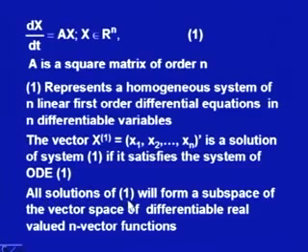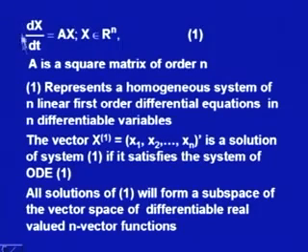All solutions of 1 will form a subspace of the vector space of differentiable real valued n vector functions. If you look at this, this is a solution. What is x1? x1 has to be a function of t, it has to be a differentiable function. x2 also has to be a differentiable function, because all these are to be substituted here. If any of them is not differentiable, then you cannot say that it is dx by dt.